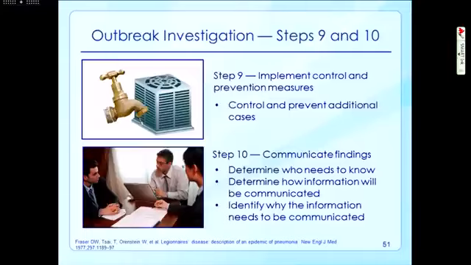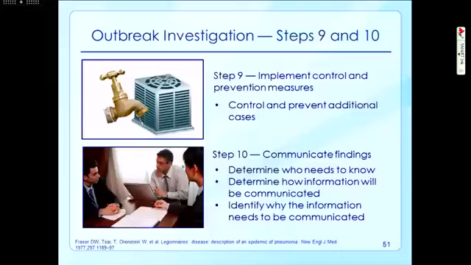Usually, the findings are reported in an oral briefing to health authorities and those responsible for implementing control and prevention measures. During the briefing, epidemiologists describe what they did and how they did it, what they learned, and what they recommend should be done about the illness.